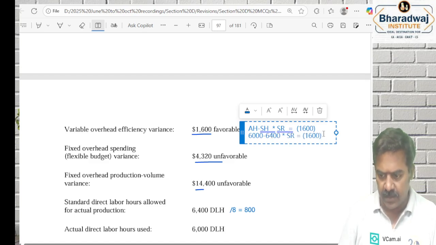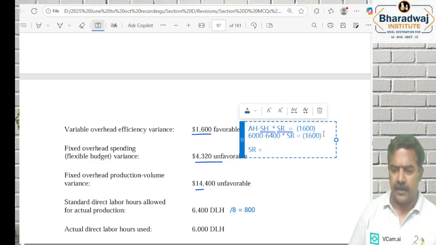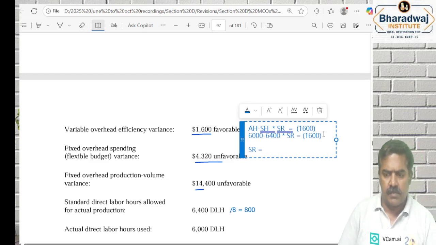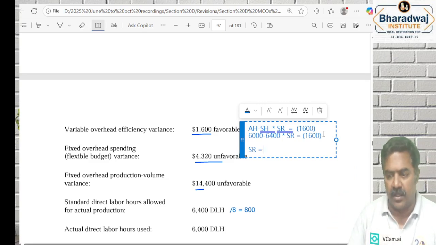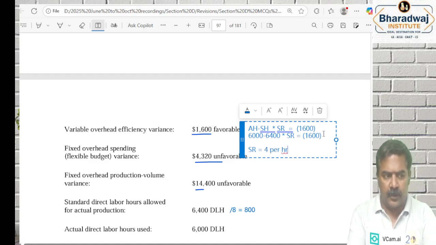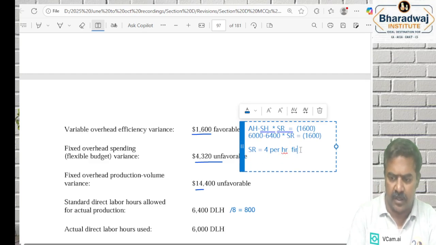When you solve this, you will get the standard rate. 1,600 divided by 400, it will give us 4 per hour. So this is your rate of variable overheads. Standard rate 4 per hour for variable overheads.